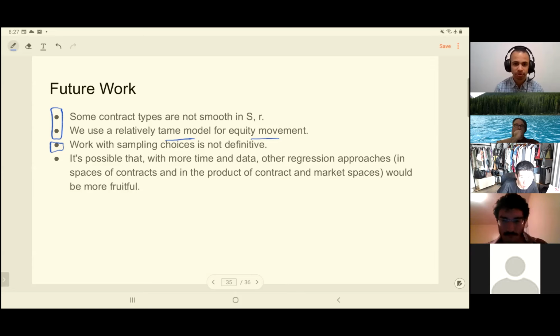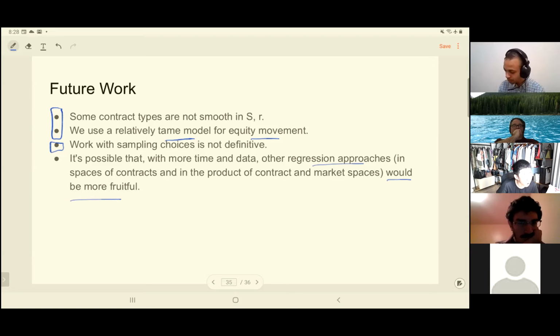And then it's also possible, of course, that other regression approaches would be more fruitful if we had more time and more data. So one thing that we did attempt, but that I didn't have the time to fit into this talk, and our results were, I think, too preliminary for me to want to talk about in detail, is that there are some people who are approaching this question with a neural network.